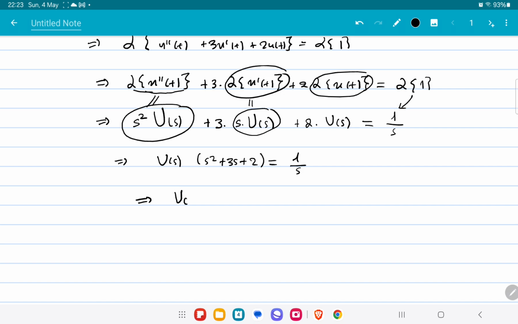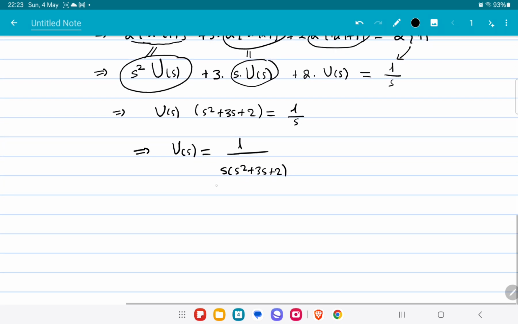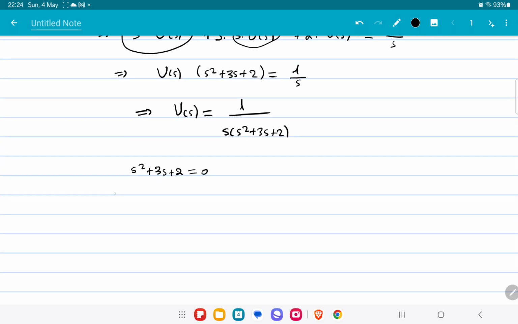Now I solve for U of s, and I have 1 over s squared plus 3s plus 2, all divided by s. Now I need to factorize the quadratic s squared plus 3s plus 2, so I need the roots of this. s1 is minus 3 plus the square root of 1, over 2, and s2 is minus 3 minus the square root of 1, over 2.